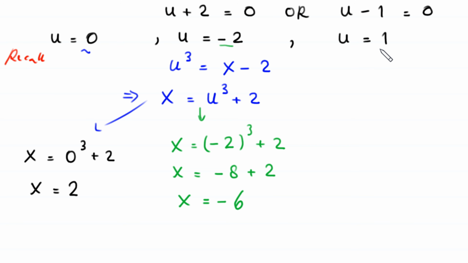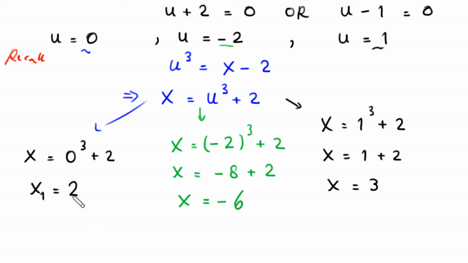And when u is equal to 1, x is equal to 1 cubed plus 2, and 1 cubed is 1, 1 plus 2 is 3. So we have three solutions for this equation. The first one is 2, second one is negative 6, and the third one is 3.